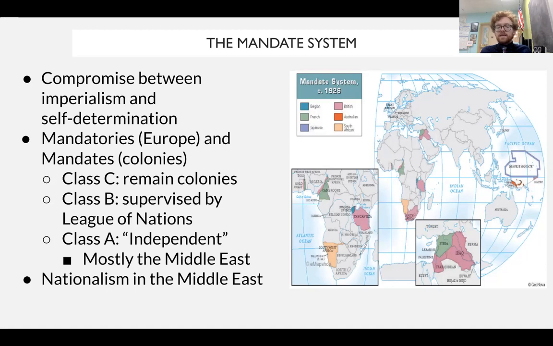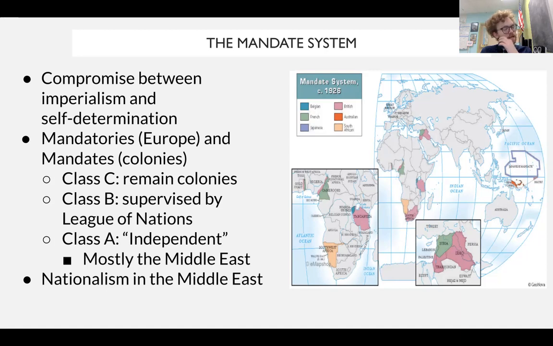In the Class C mandates, we are going to see a lot of former German territories remain colonies of Europe. We are going to see the continuation of colonies in smaller undeveloped countries like Namibia in Southwest Africa, right here, former German territory. It is going to be operated by the South African government, a proxy colony of the British.